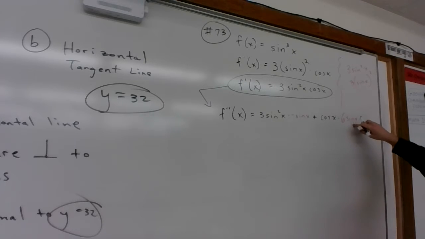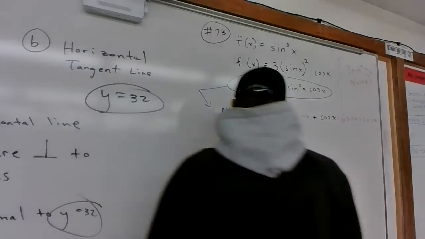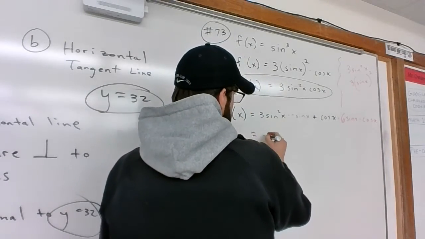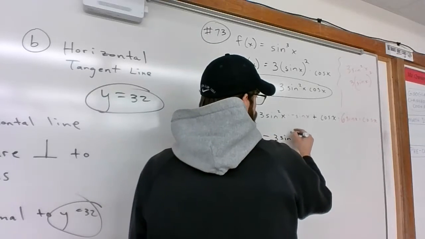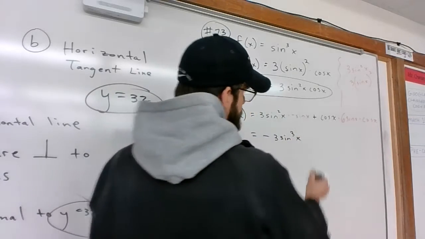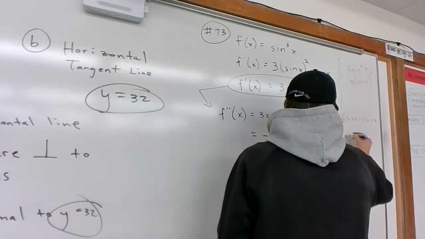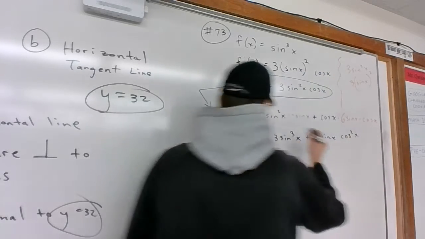The derivative of sine is cosine. So the final answer for the second derivative should be negative 3 sine cubed of x plus 6 sine of x times cosine squared of x.